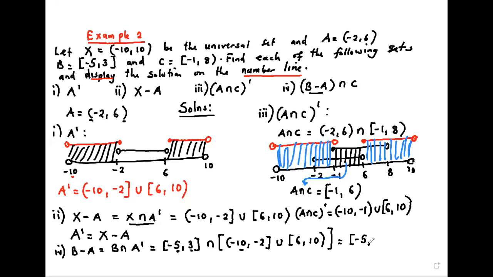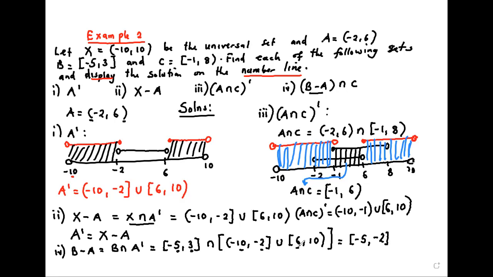Then between 3 and -2, we pick -2. And then the other ones, they won't intersect because this one is ending at 3, this one is starting at 6. So there's no intersection there.